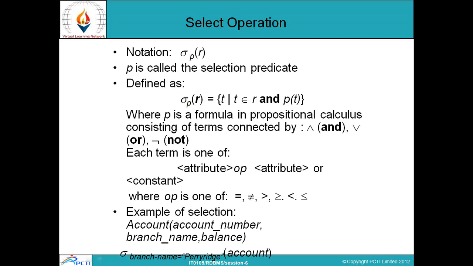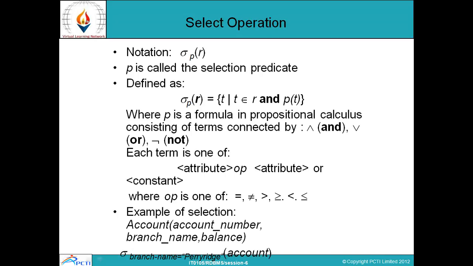Each term is of the form attribute OP attribute or constant, where OP is one of the comparison operators: equal, not equal, greater than, less than, greater than or equal to, and less than or equal to. Let's take an example here.